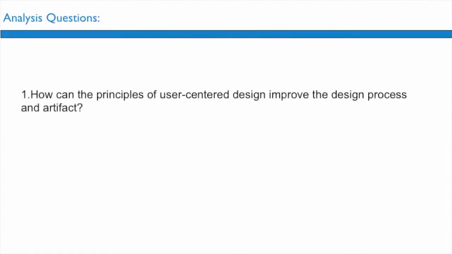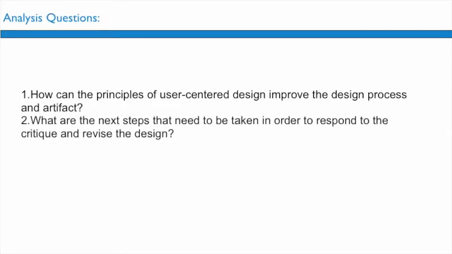The first thing is, how can the principles of user-centered design improve the design process and design artifact? You'll recall we spoke briefly last week about emotion and the role that it plays in the user experience, and so user-centered design really focuses on these things. The second question that we're going to take a look at is, what are the next steps that need to be taken in order to respond to the critique that you have received and as you revise your design artifact.